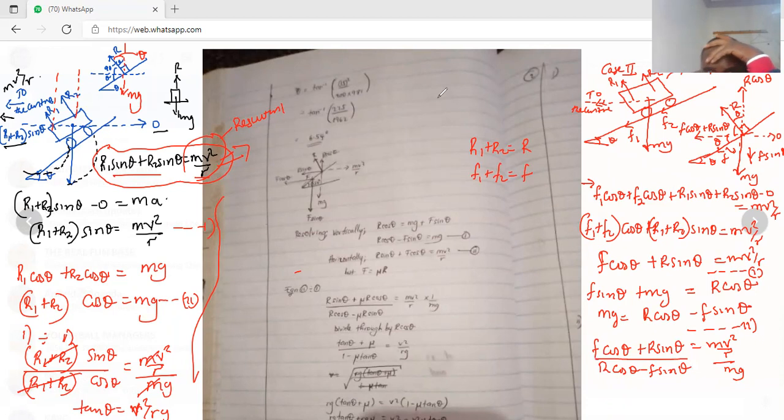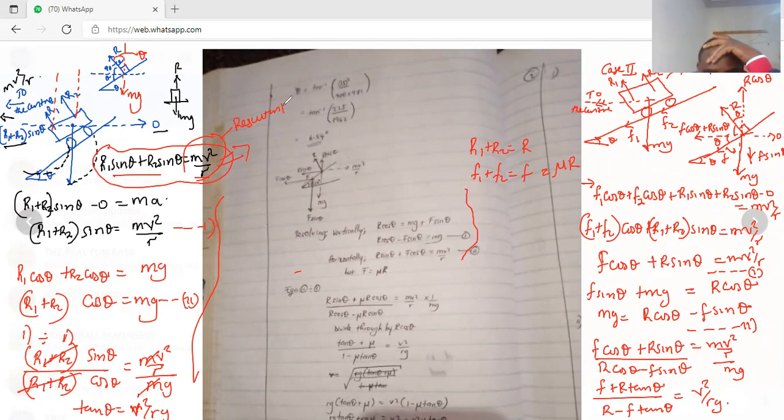When you divide everything by cos theta, we shall get F plus R tan theta all over R minus friction tan theta is equal to v squared over RG. But remember, friction is mu R.